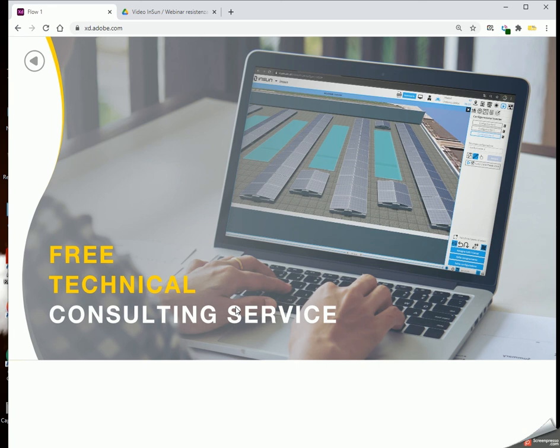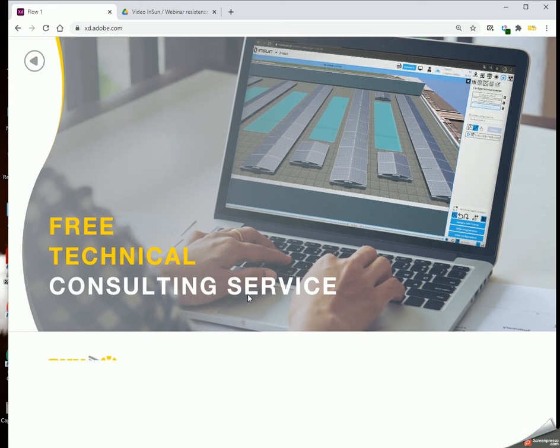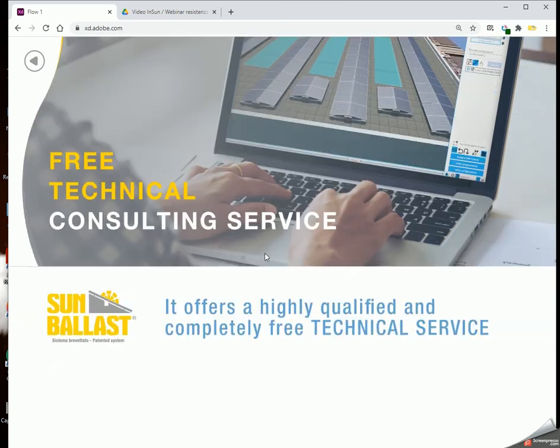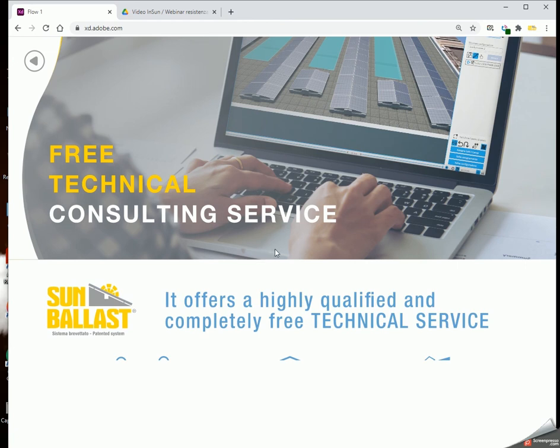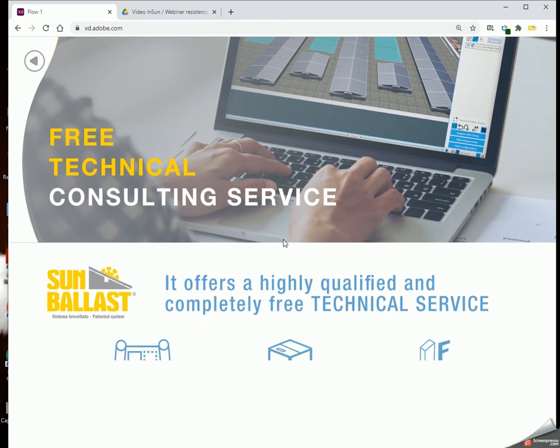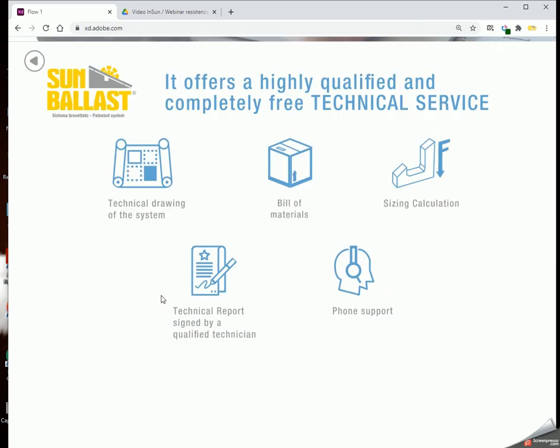What happens afterwards is that our technicians, our professionals, offer you within a few hours from the request a technical report. It contains several pieces of information such as the technical drawing of the system, bill of materials, sizing calculation.